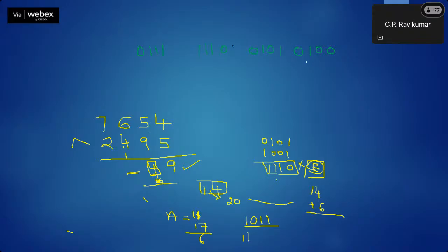So here we are adding 0, 1, 0, 1, then 1, 0, 0, 1, then 0, 1, 0, 0, and 0, 0, 1.